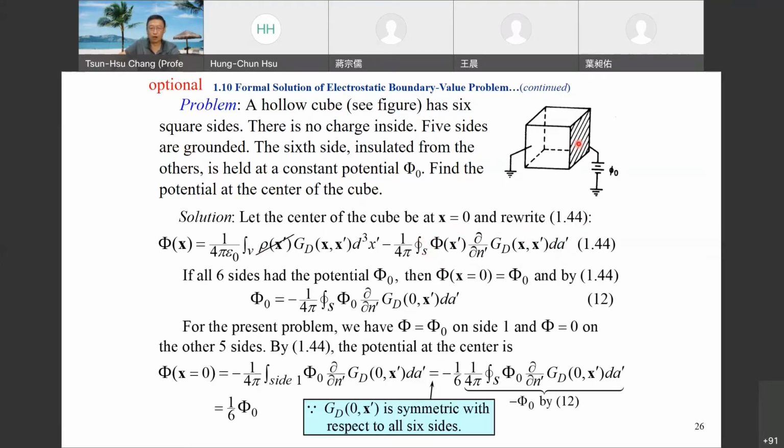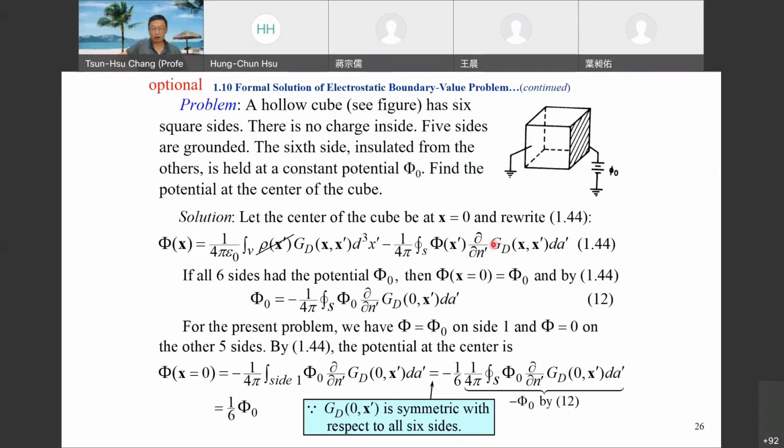Before that, we didn't know how to do this, but now we can use Green's theorem. Now, consider we have a charge here. How to solve this problem? That will be almost impossible unless you can find the Green function.